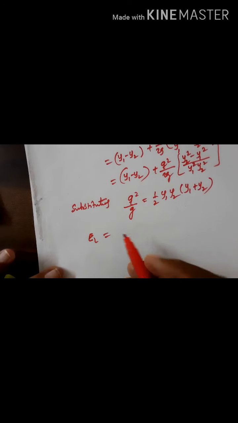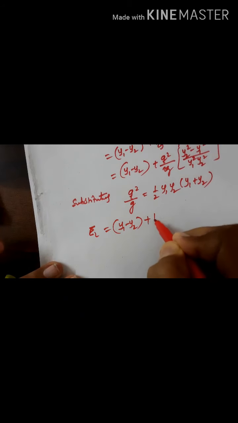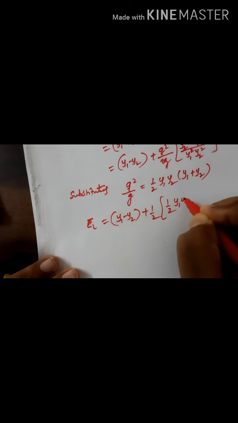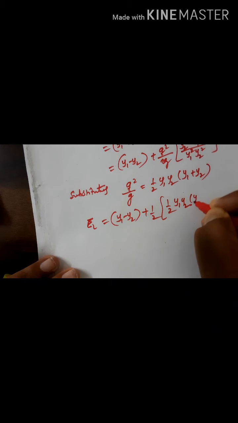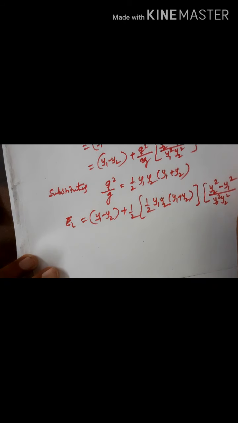Then simplify this one, just substitute this value above, then we get energy loss is equal to y1 minus y2 plus half into bracket half y1 y2 bracket y1 plus y2, then another term we get y2 square minus y1 square whole divided by y1 square y2 square.